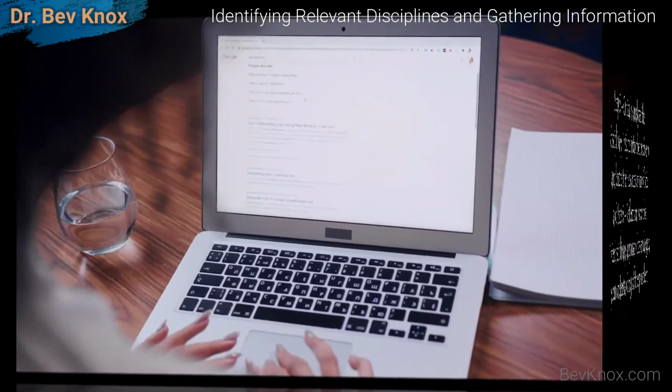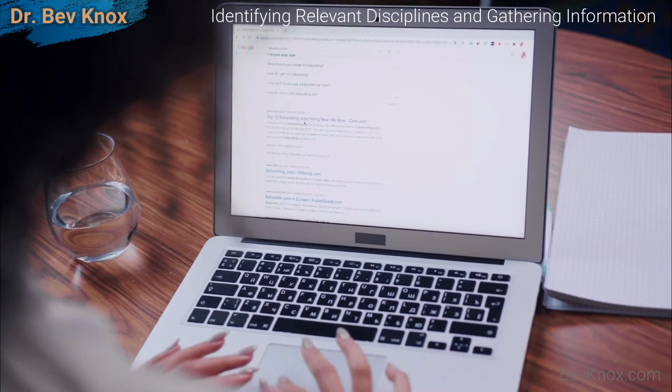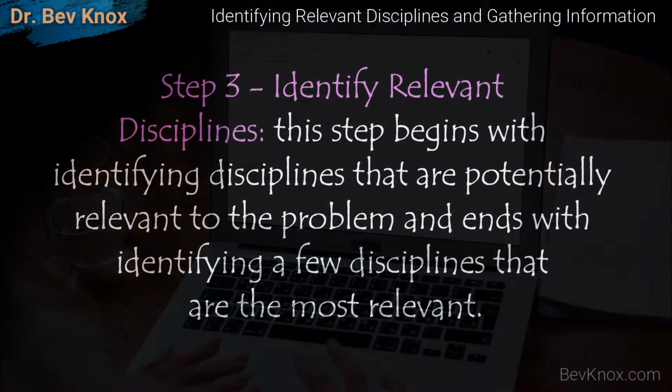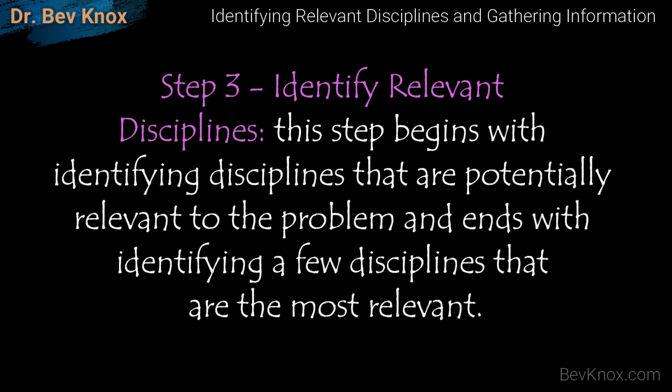All right, let's dive a little deeper into step number 3, identify relevant disciplines. Well, this step begins with identifying disciplines that are potentially relevant to the problem and ends with identifying a few disciplines that are most relevant.